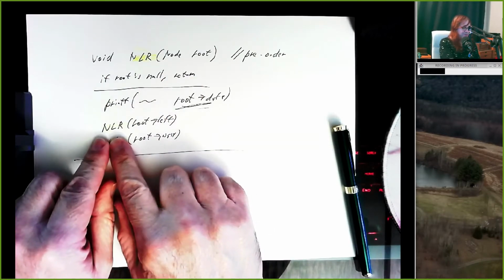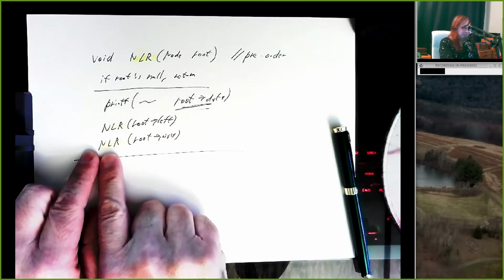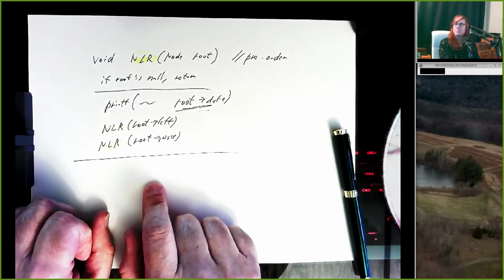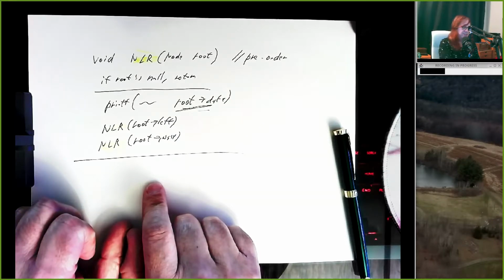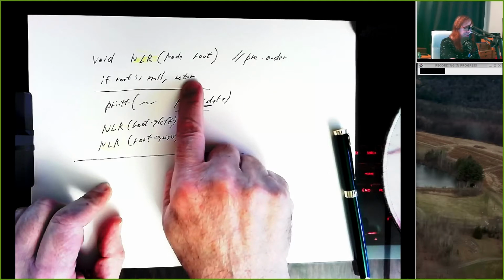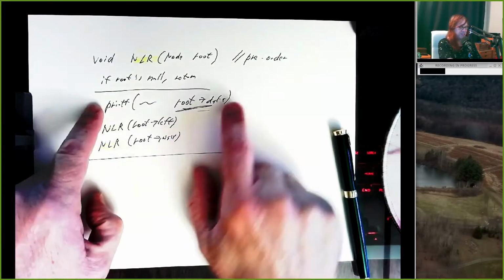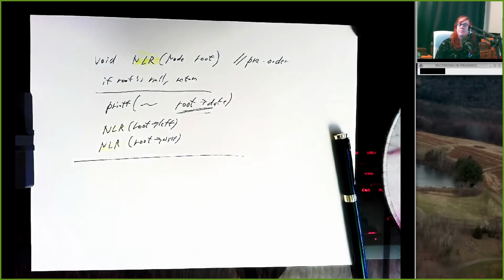But we would start off with left node right on the left subtree, and then print the root data, and then left node right on the right subtree. That's in order. If it's post order, it will be LRN: if the root's null return, otherwise, do LRN on the left, LRN on the right, and then print the root node data. Is that cool? Cool. Awesome.